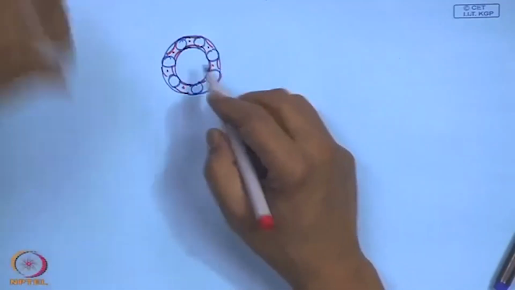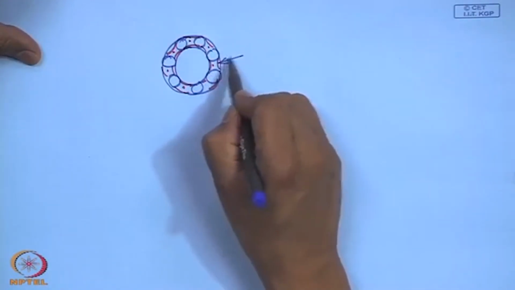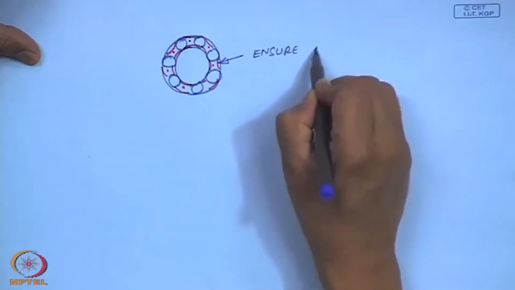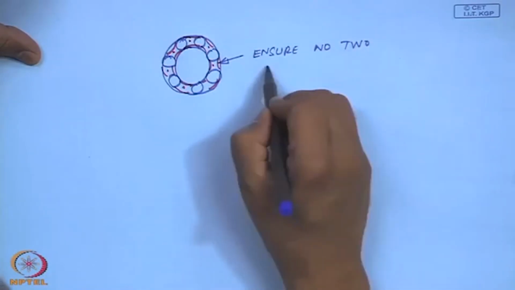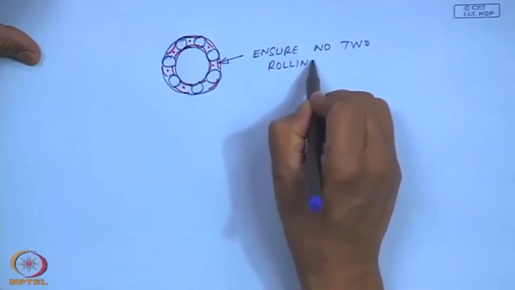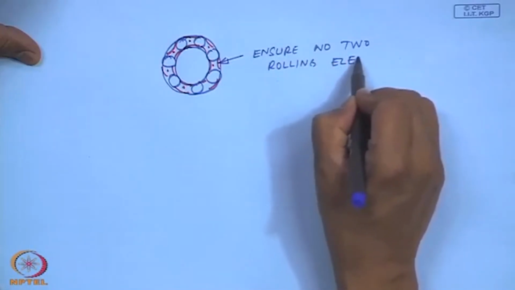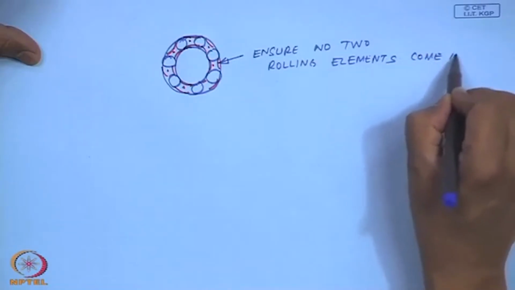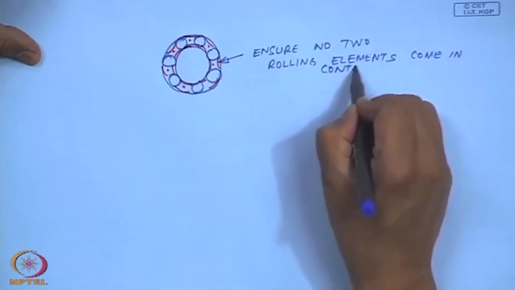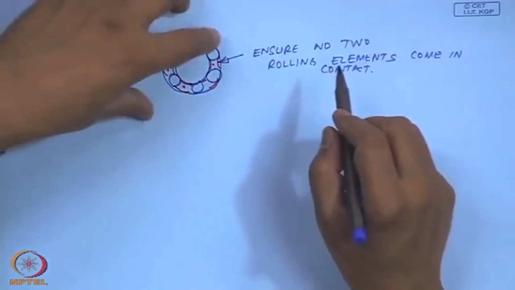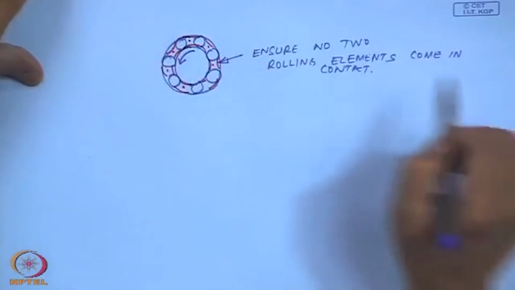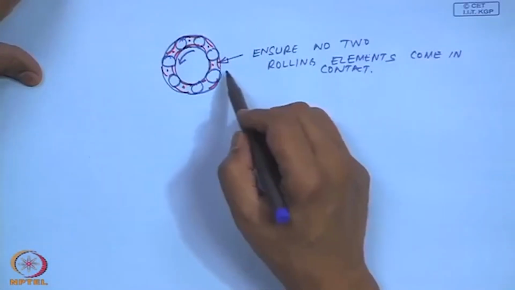However, they are free to rotate, but the purpose of the retainer is to ensure no two rolling elements come in contact. Okay. But then they are loosely rotating. If the shaft is rotating, they will be spinning at their own frequencies, and we will come to each other.